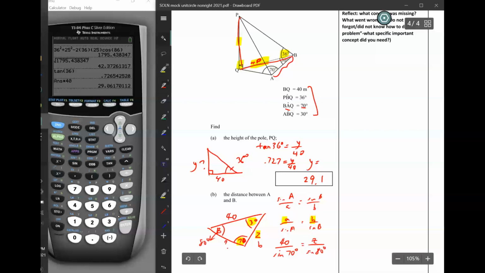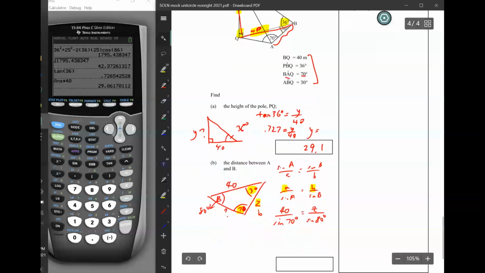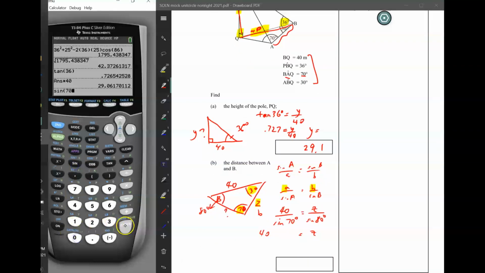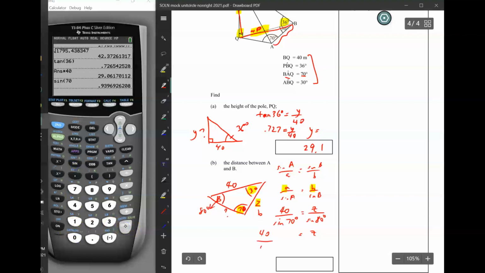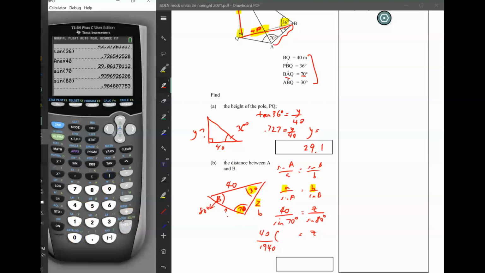So now we know that Z must be equal to 40 divided by sine of 70, and sine of 70 is something like 0.940, times sine of 80, which is 0.985.